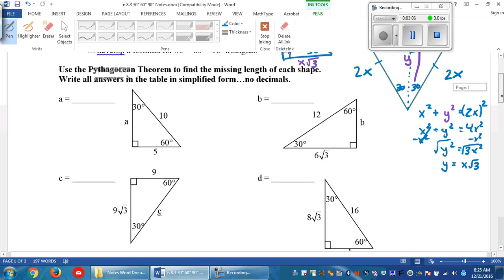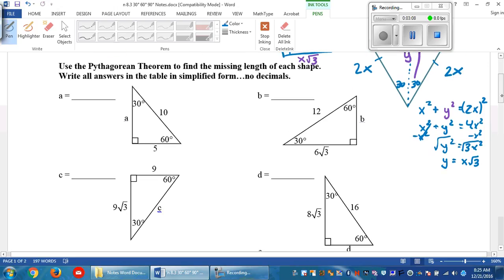So in this first example, it says use Pythagorean Theorem to find the missing side length of the shape. Write down all answers in the table below. So even though it's a 30, 60, 90, if we did Pythagorean Theorem, we have 5 squared plus a squared is equal to 10 squared. 25 plus a squared is equal to 100, minus the 25 over, so a squared equals 75, and root both sides.